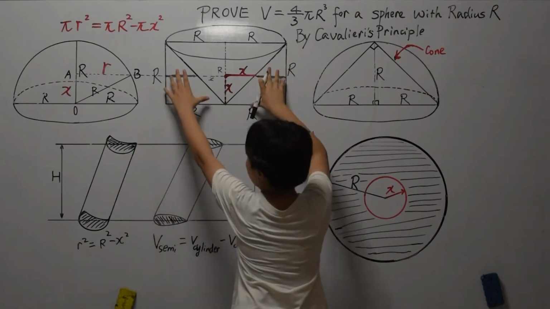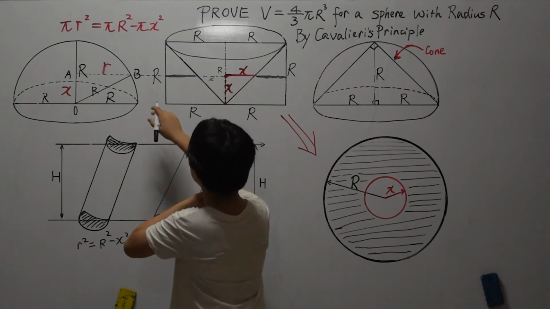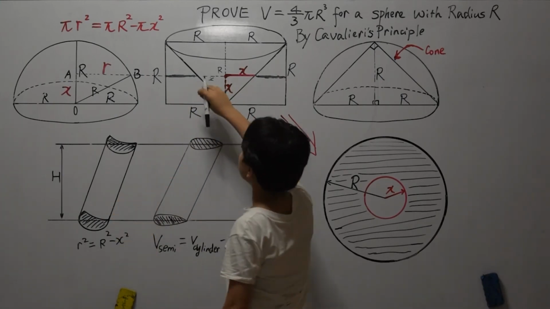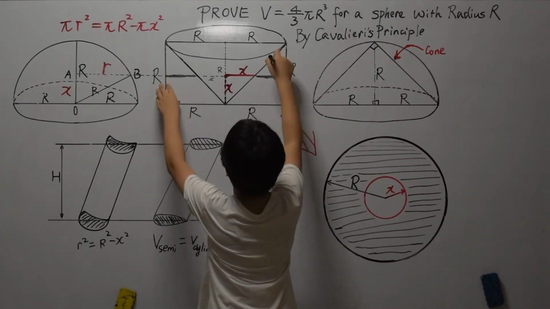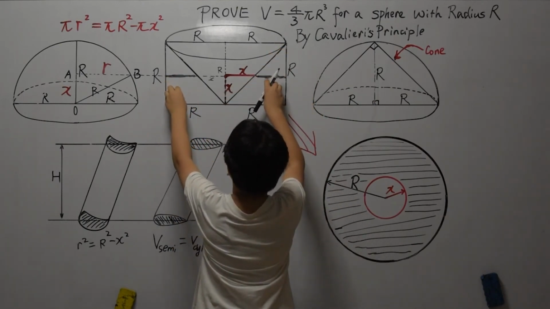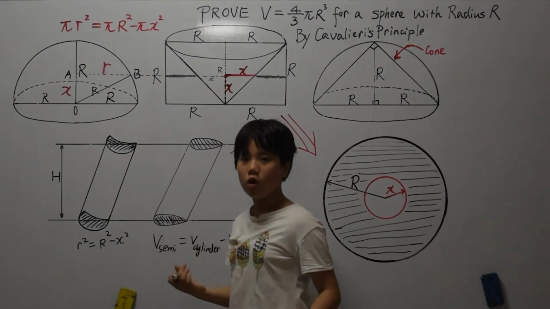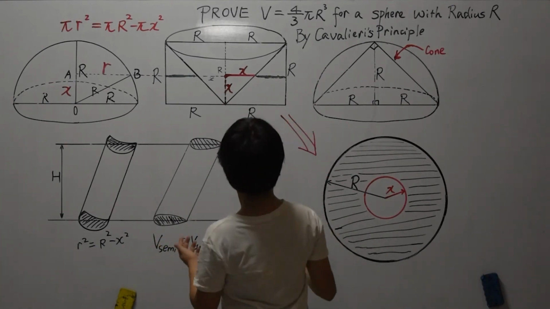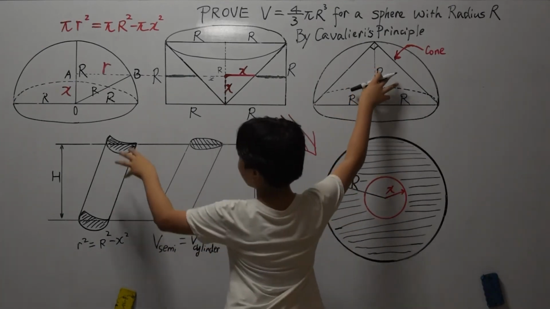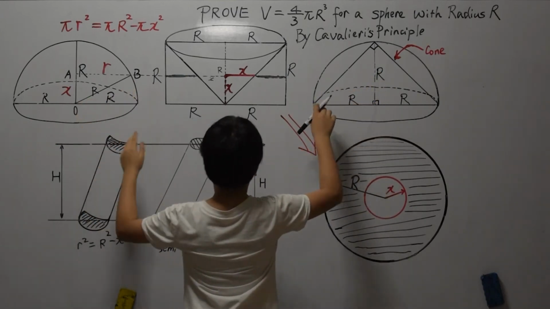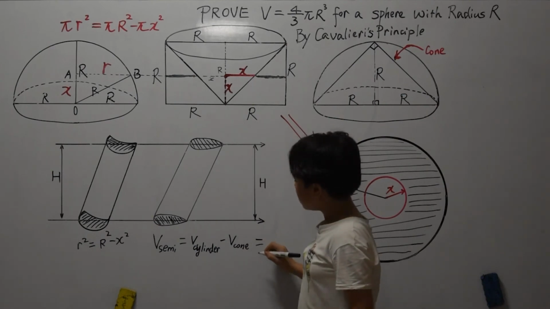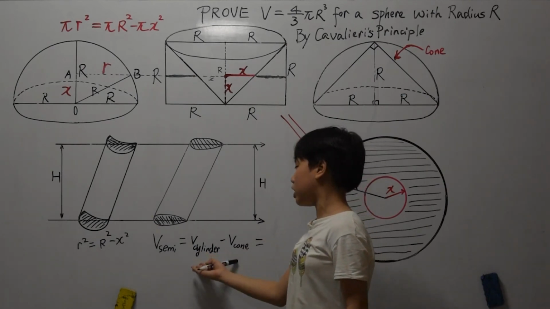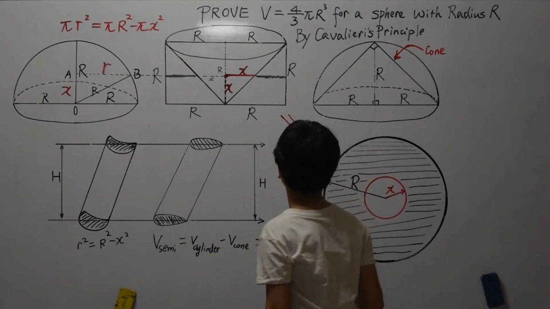And this will become the volume of the semisphere. Similarly, the part over here will become the volume of the cone. So this cone and this semisphere together make up this cylinder. So we can find the volume of the cylinder and the volume of the cone, right?